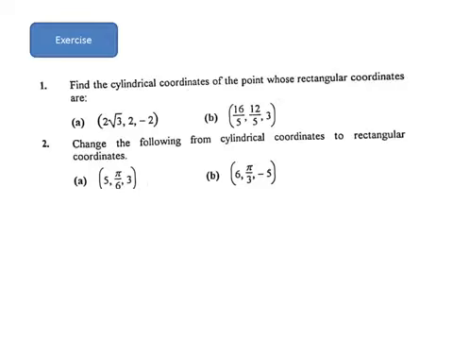Question number 2, change the following from cylindrical coordinates to the rectangular coordinate system, which means you have to do the converse. You are given the points in cylindrical coordinates (5, pi by 6, 3), and in part B you are given (6, pi by 3, minus 5).